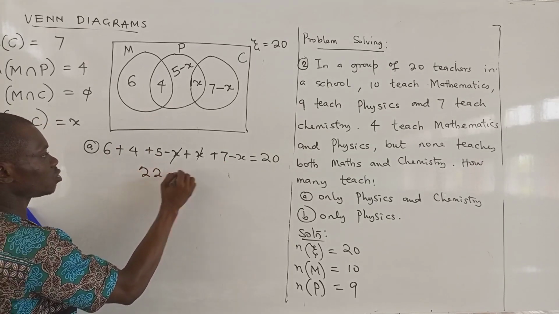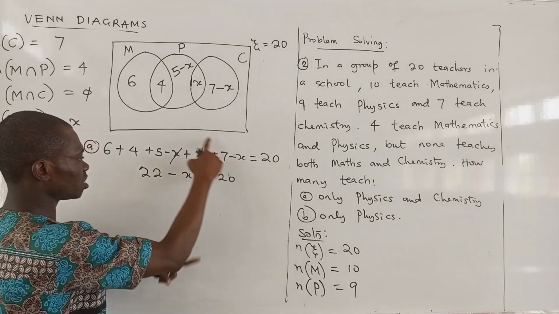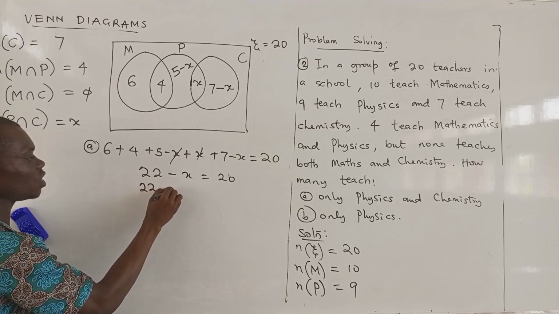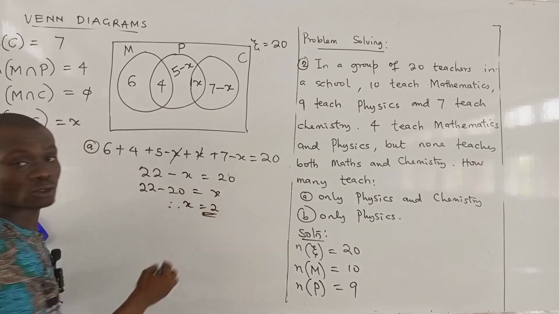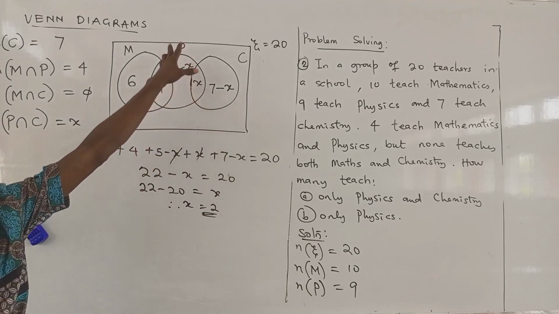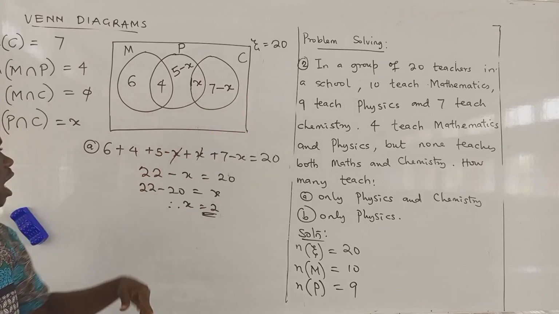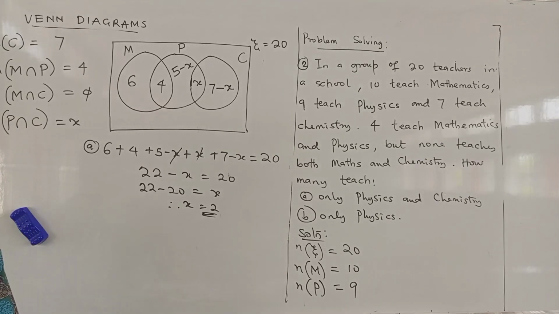So we have 22 minus x equal to 20. If I take my x to this side and take 20 to this side, I'll have 2 equal to x. Therefore, my x is equal to 2. So there are 2 teachers that were teaching physics and chemistry, and that is the answer: x equals 2.